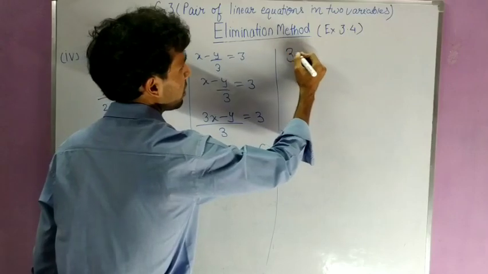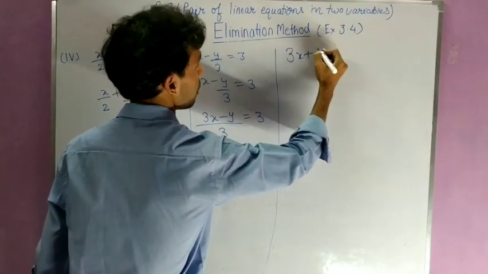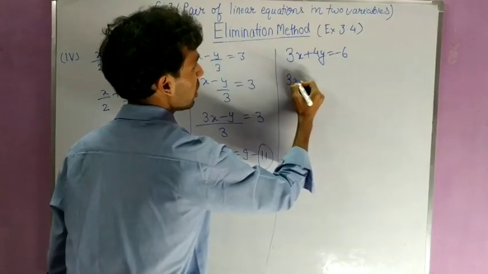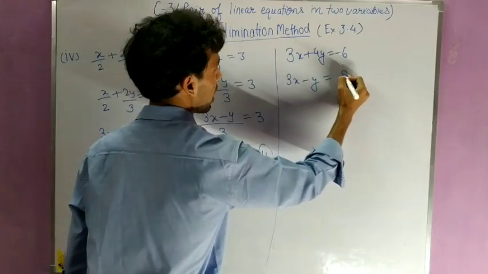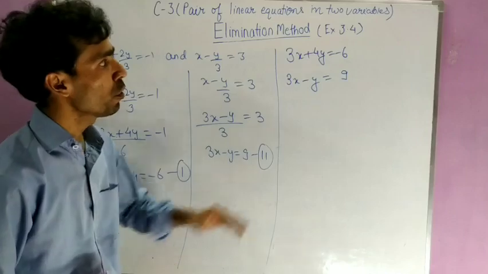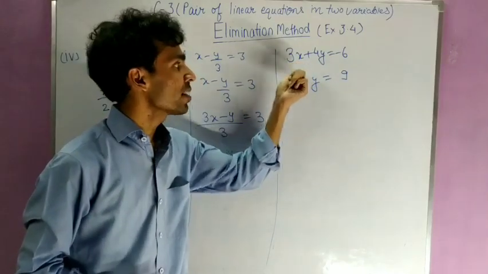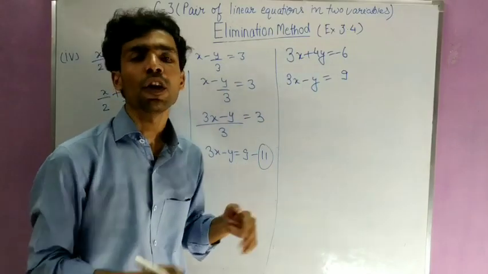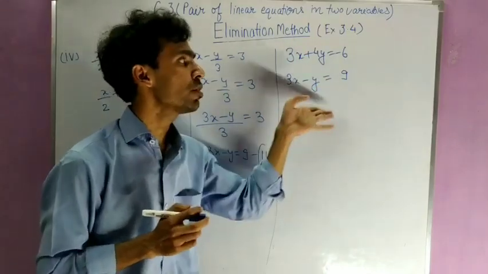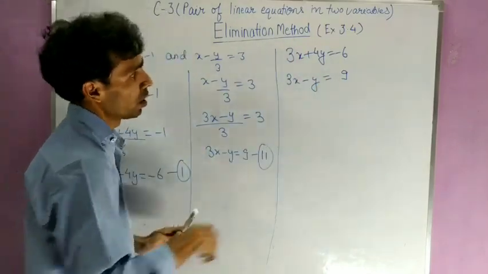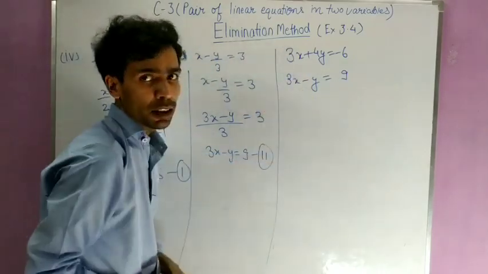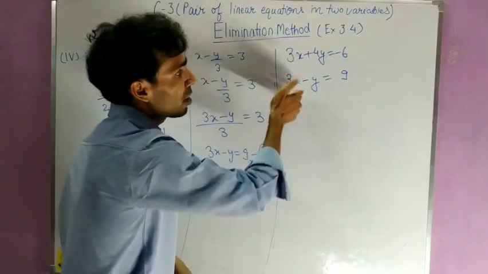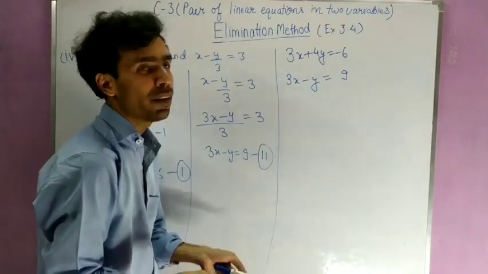See, this is 3x plus 4y equal to minus 6 and this is 3x minus y equal to 9. In these two equations, the coefficient of x are same in both the two, so we will not multiply any number to these two equations. So now see, both are positive now, so if both are positive then we subtract, and when both are opposite sign then we will add.